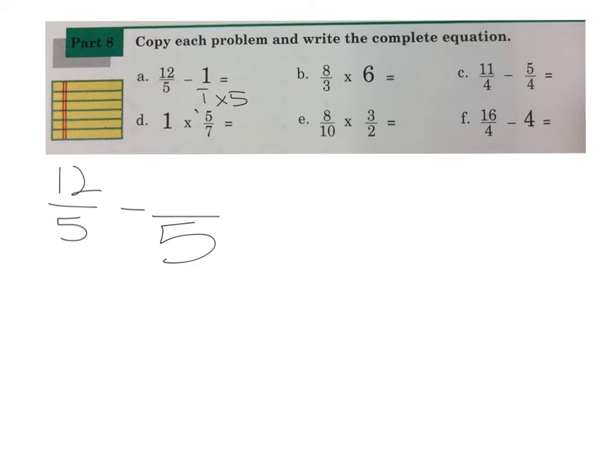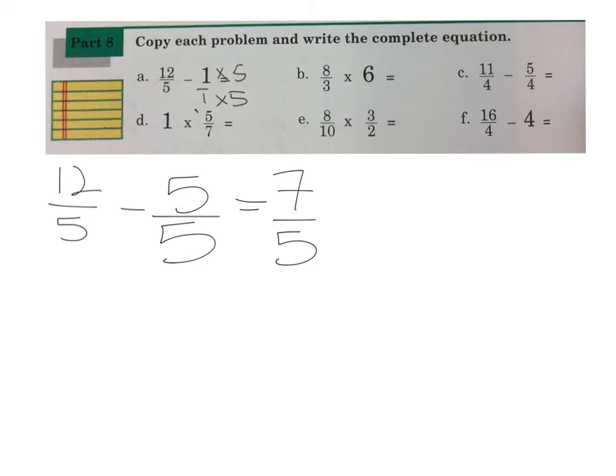And whatever I do to the bottom number, I have to do to the top. So 1 times 5 is 5. So you could write it out this way if you want, but if you just know that 1 changing into a fraction that equals 1 with a bottom number of 5, my top number will be 5 also. And then you just go ahead and subtract, and you'll get 7 fifths.